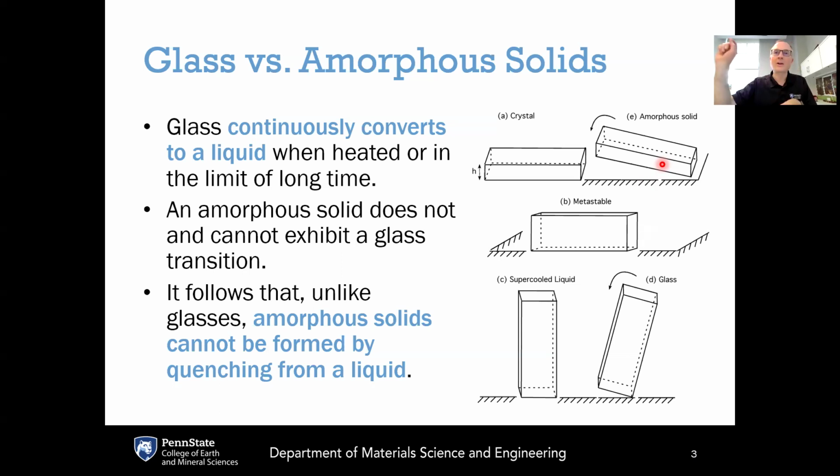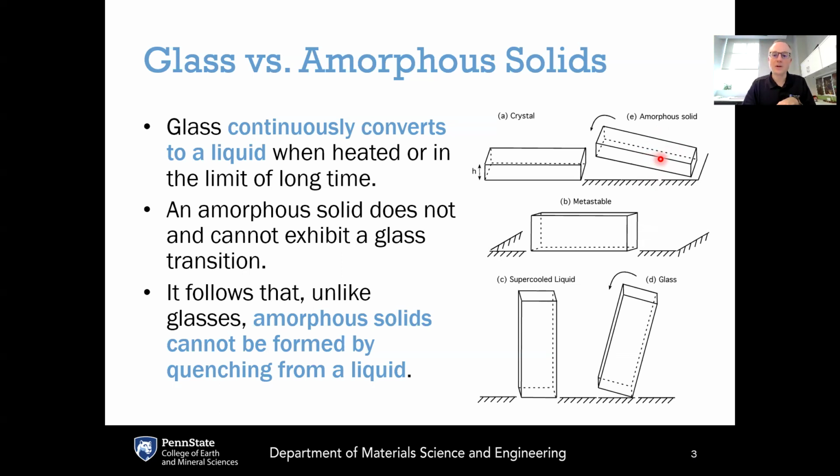If you heat it up, you can become a supercooled liquid, and cool it back down through the glass transition, and it becomes a glassy state. That can happen because the structures of the supercooled liquid and the glass are so similar. With an amorphous solid, on the other hand, the structures are decoupled. There's a very different structure of the amorphous solid compared to the liquid state.